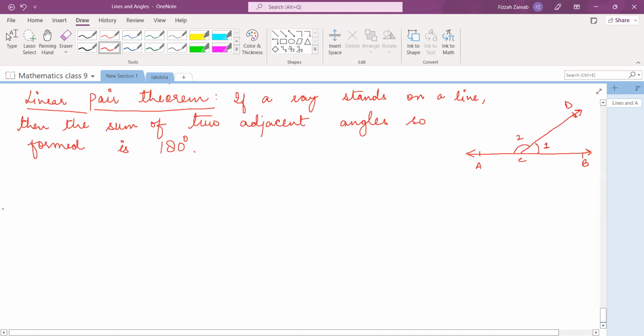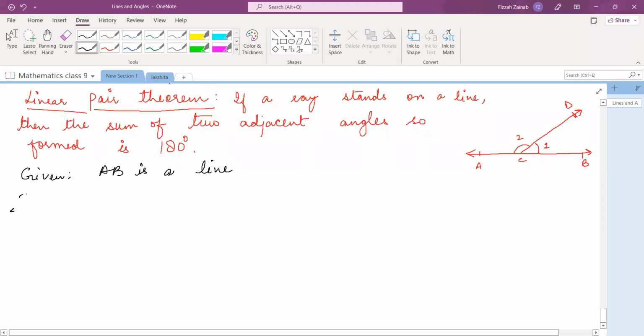First of all, let us show how angle 1 plus angle 2 is 180 degrees. There's a little proof. Let me show it. Now, what is given in this problem? It is given that AB is a line. Clear?